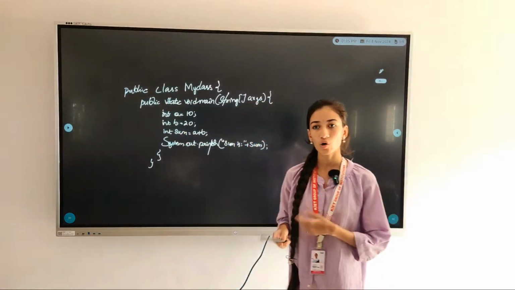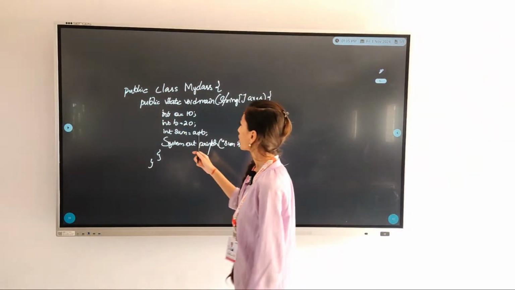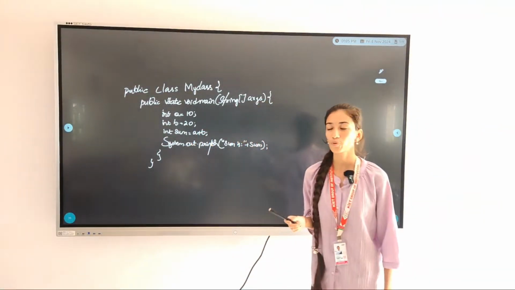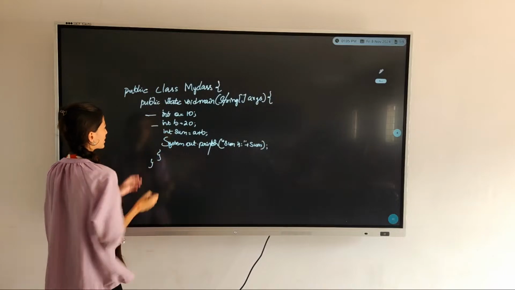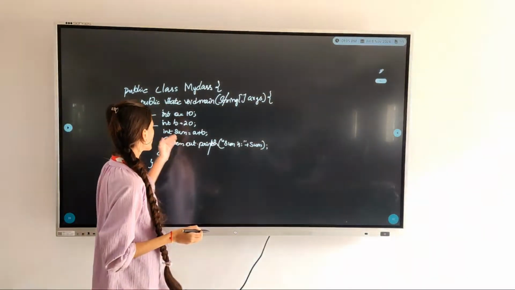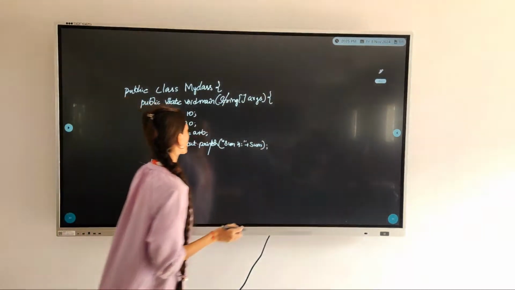Programming style is also known as the coding style, where a proper structure of a program is derived. We use indentation here, like we use a tab of 4 spaces. This is called a programming style.